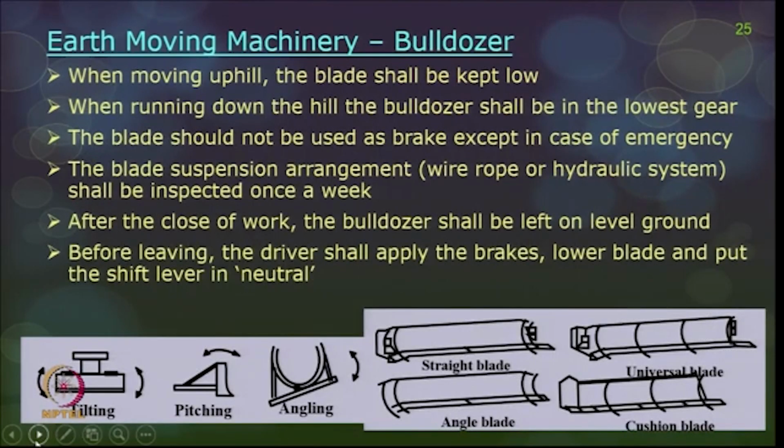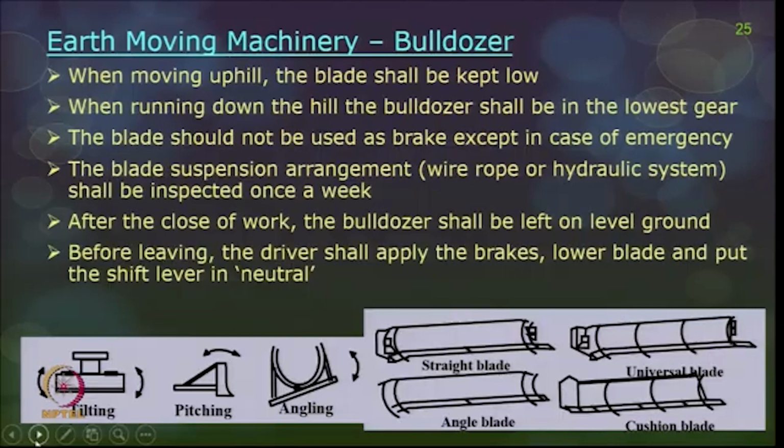Now, next is bulldozer. A bulldozer has several types of blades, for example, straight blade, angle blade, universal blade, cushion C blade. There are a lot of blades available. So, you have tilting, pitching and angling movement. Tilting is where the blade can move along these two directions. Pitching is where the blade can move along a curve.